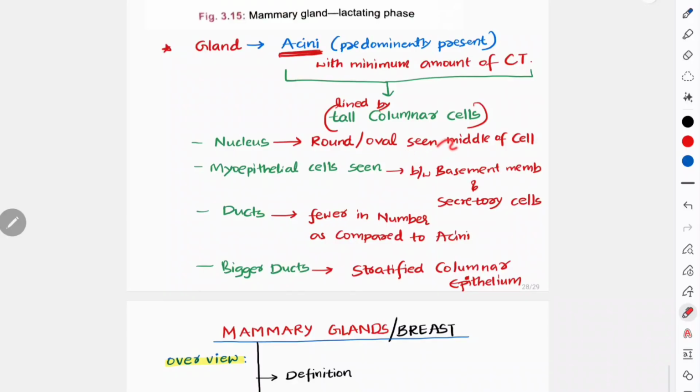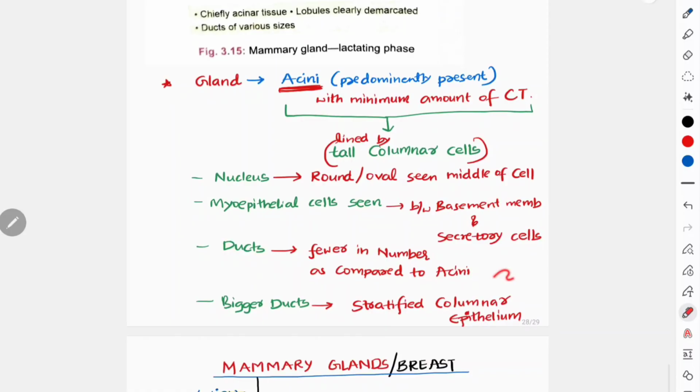Myoepithelial cells lie between the basement membrane and the secretory cells. If this is the basement membrane and these are the secretory columnar cells, in between are the myoepithelial cells, like this.